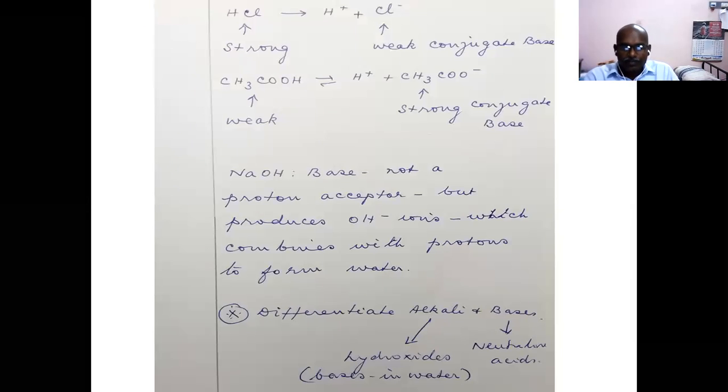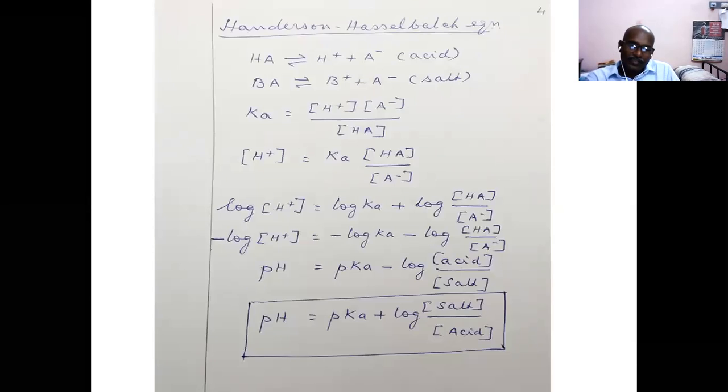Now look here, I have already discussed why certain acids are called strong and why certain acids are called weak. And also we have derived the Henderson-Hasselbalch equation, which states that the pH of a buffer is equal to the pKa value of the acid plus the log of salt concentration by acid concentration.